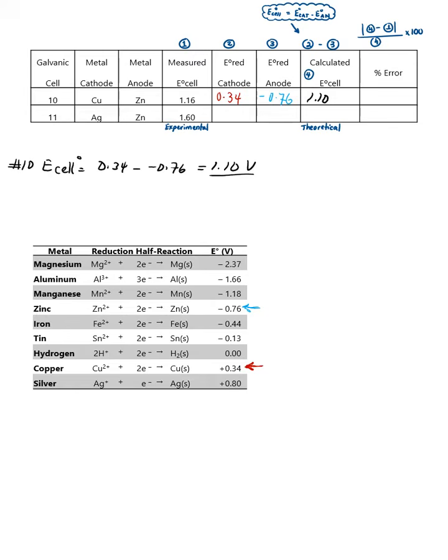So for number 11, we have silver in the cathode. So I have my potential for silver right here in the cathode. And then zinc, it's in the anode again, so that's the same one, 0.76.